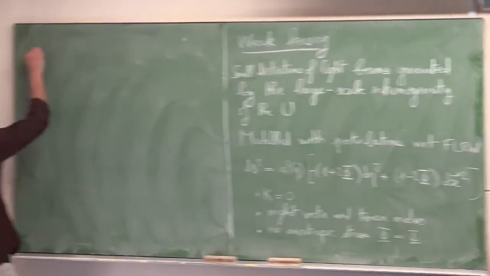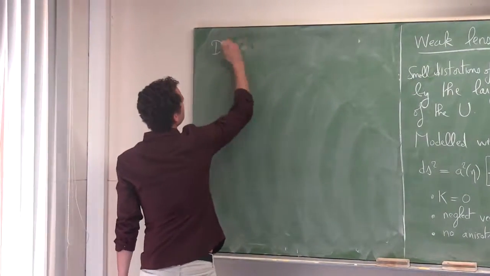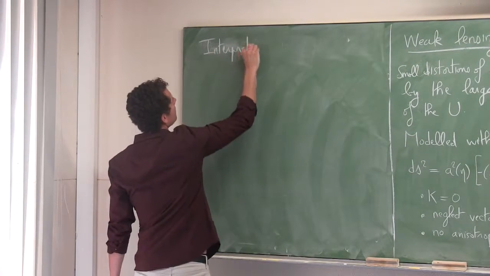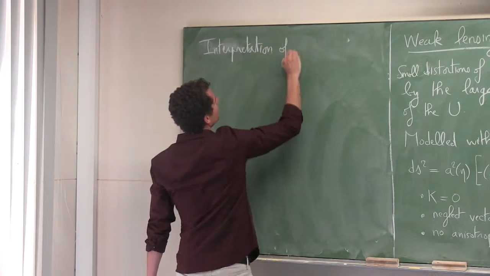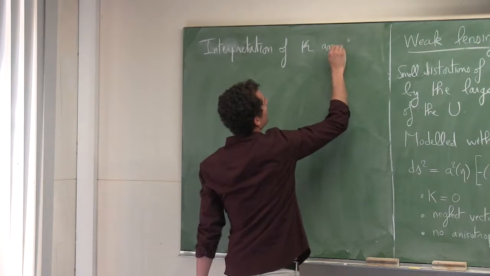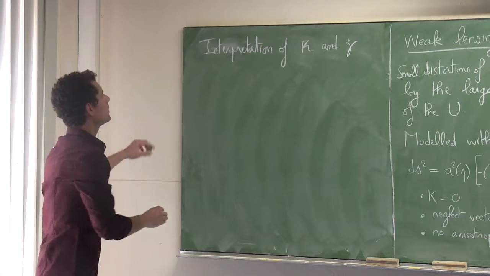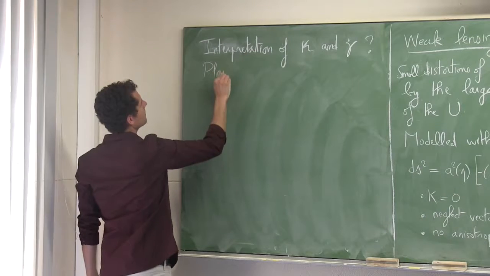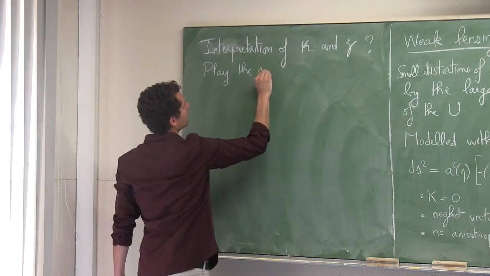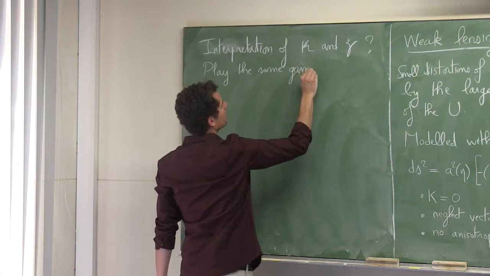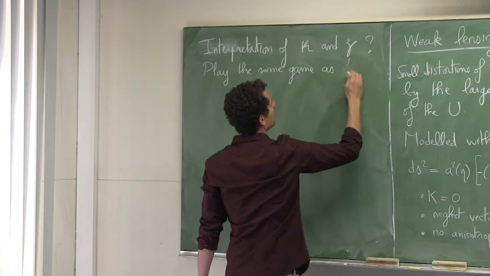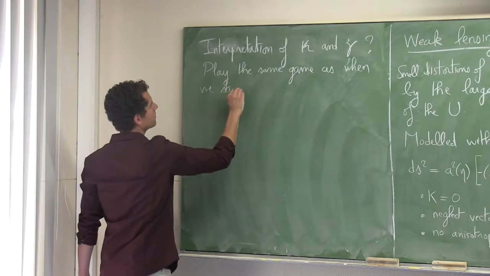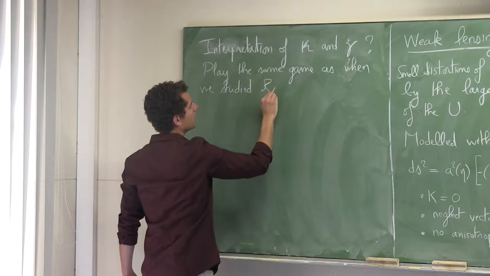So this would be for the interpretation of kappa and gamma, playing the same game as when studying R_AB.